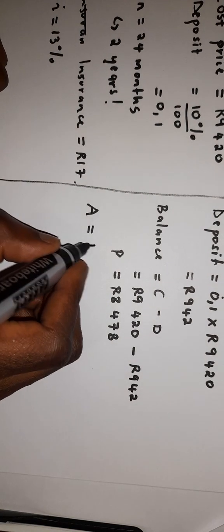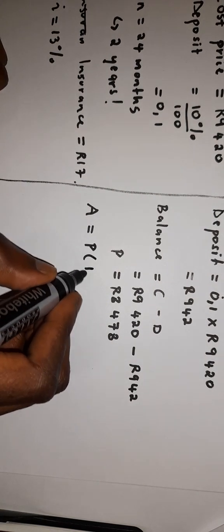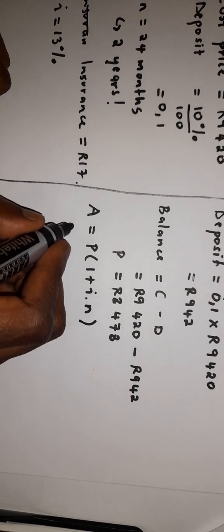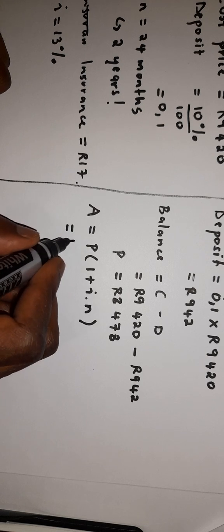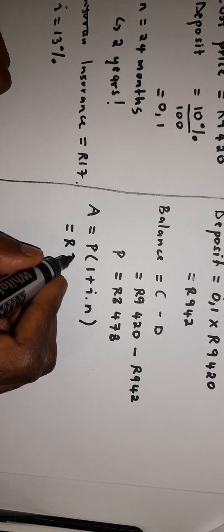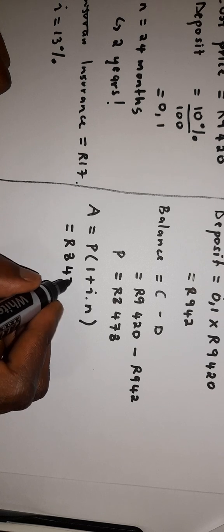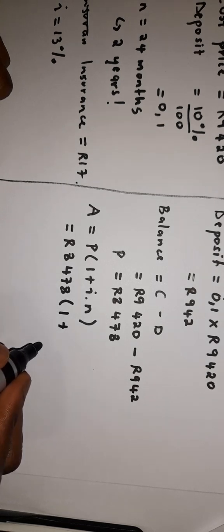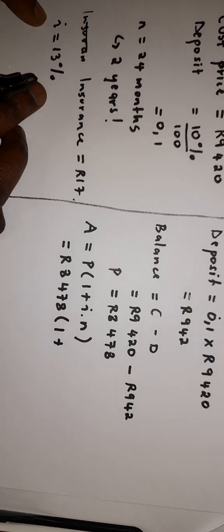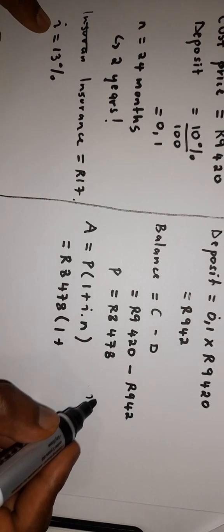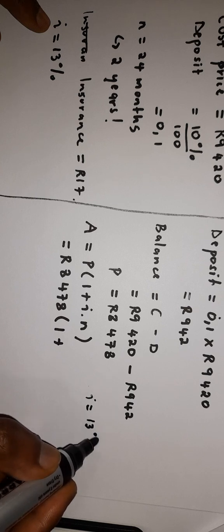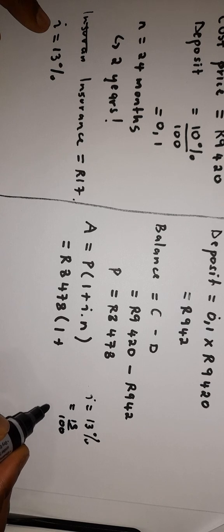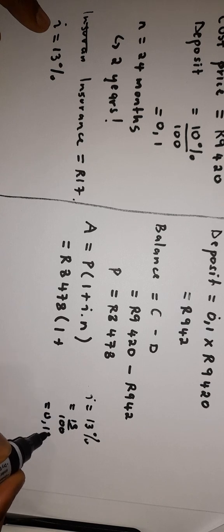Right, so we'll use the formula A equals P times (1 plus i times n). Our principal amount is 8,478 rands. This is multiplied by 1 plus our interest rate, which is 13%, which is 13 divided by 100, giving us 0.13.